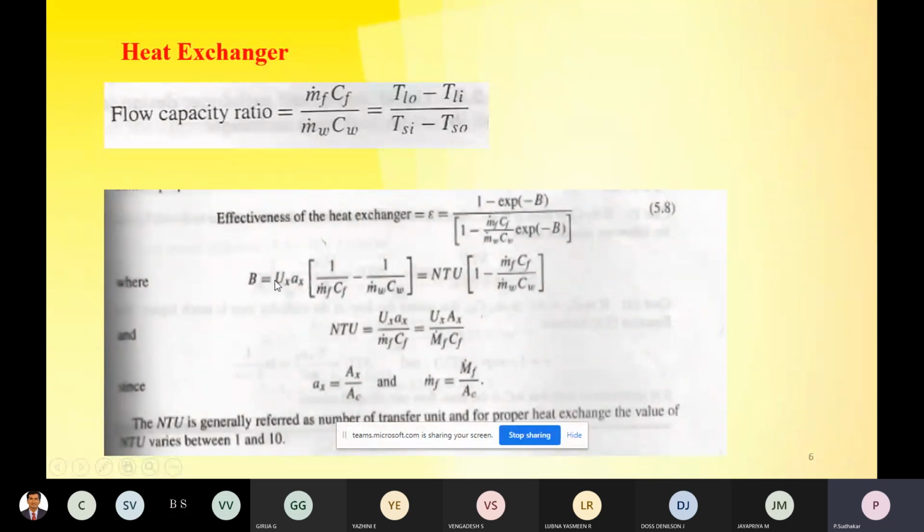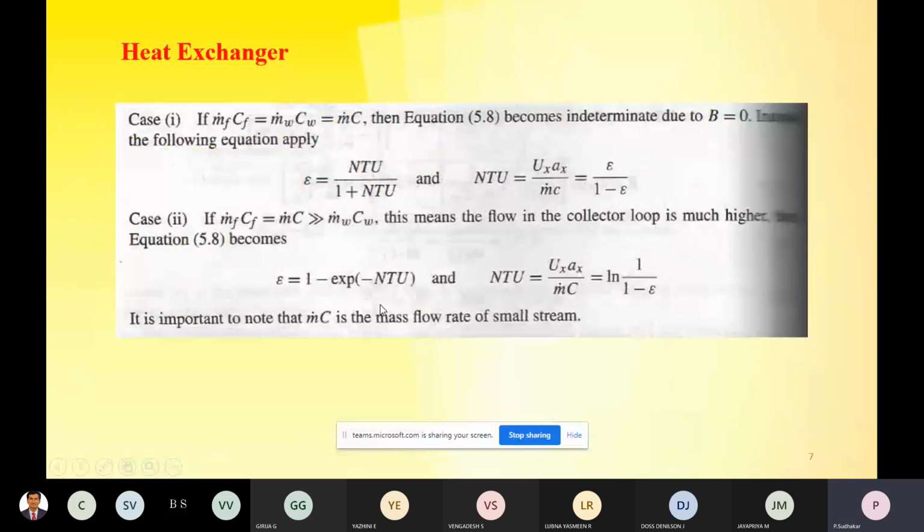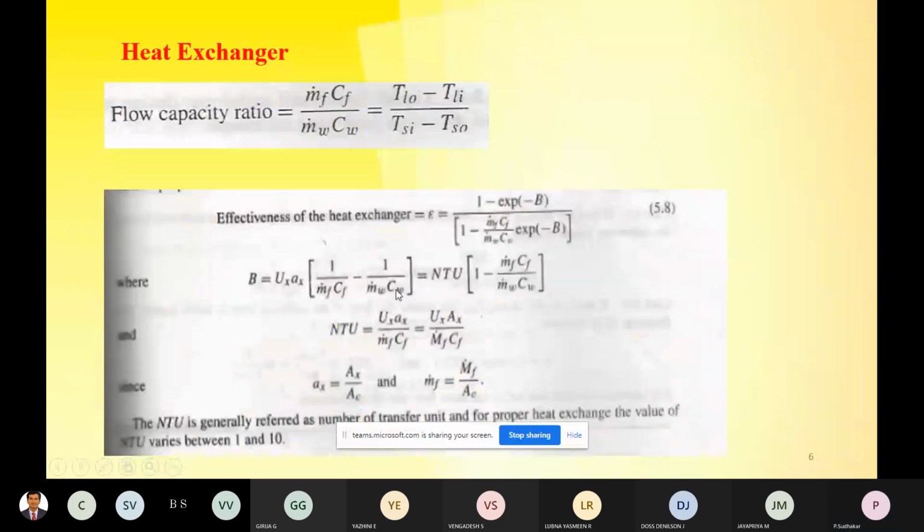Ux is the overall heat transfer coefficient of the heat exchanger by 1 minus m dot cf, where small m dot f is the mass flow rate of the fluid by the area of the collector, so small m dot f equals capital M dot f by Ac. Minus 1 by m dot w cw can be written as NTU into 1 minus m dot cf by m dot w cw.